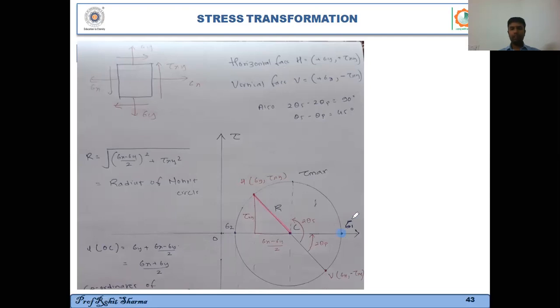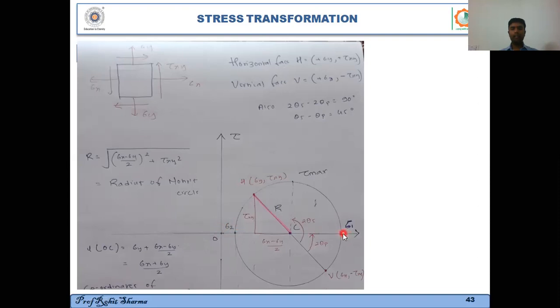So sigma 1 stands for your principal stress, and this point represents your maximum normal stress. Similarly, at this point, the value of normal stress is minimum, and thus this point will represent minimum normal stress, right?